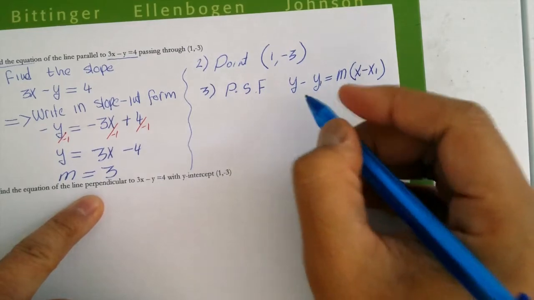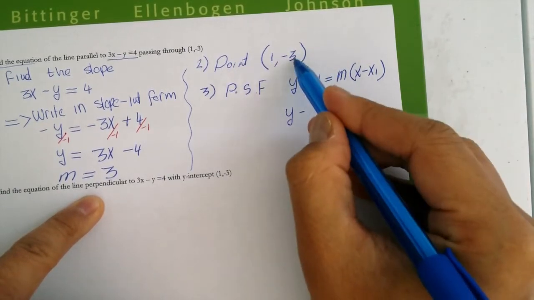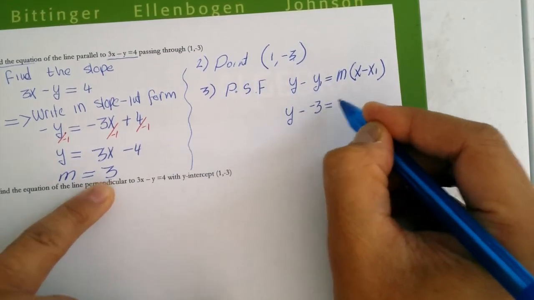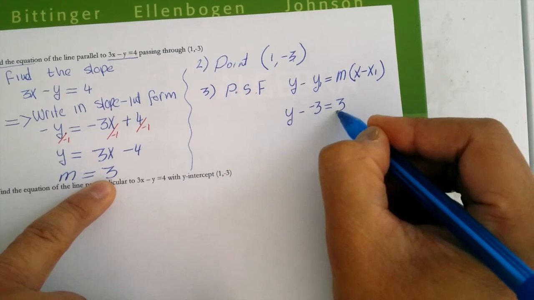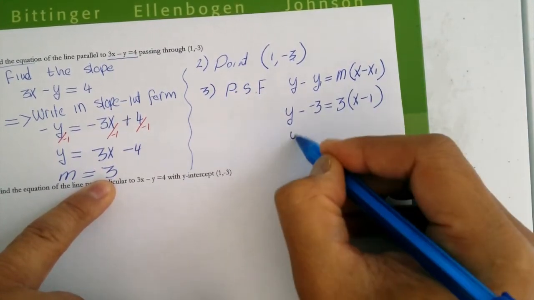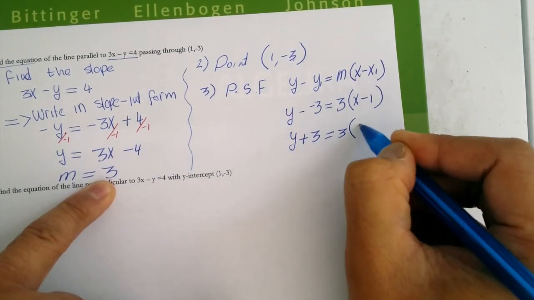So I'm going to go ahead and plug them in. So y minus y1, this is y minus -3, equals 3, because that's my slope, times (x minus 1). Okay, y plus 3 equals 3 times (x minus 1).